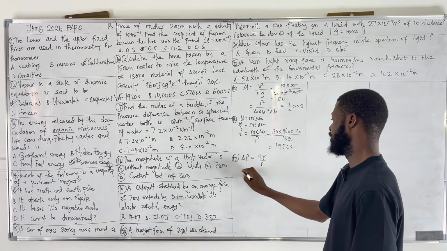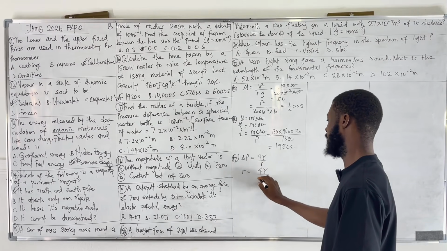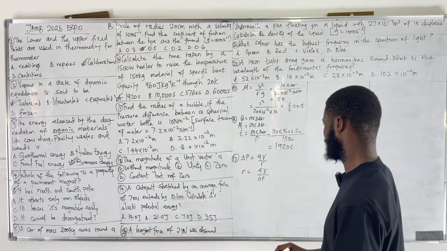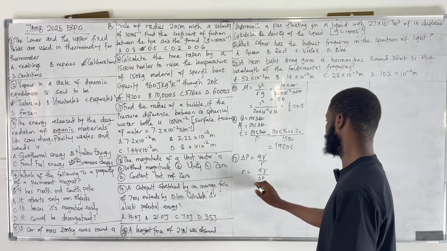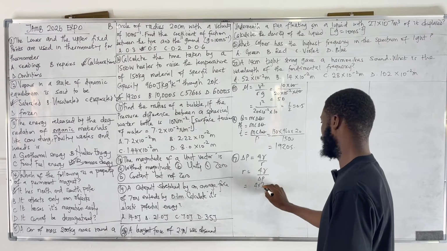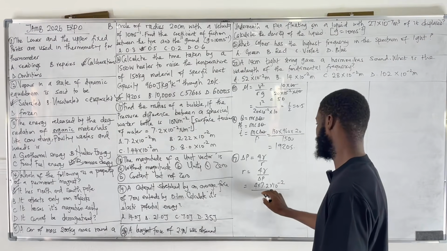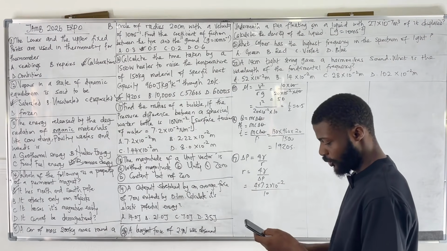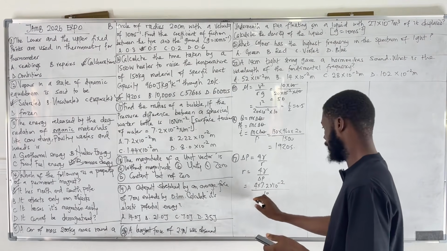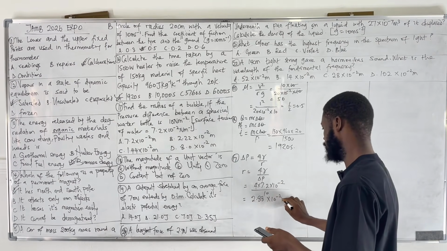So this means that radius is 4 times surface tension divided by the change in the pressure. So this will become 4 times 7.2 times 10 to the power of minus 2. Then the change was 10. So if you do this, you're going to be getting 2.88 times 10 to the power of minus 2 meters.